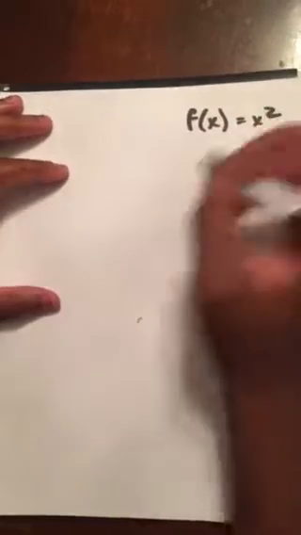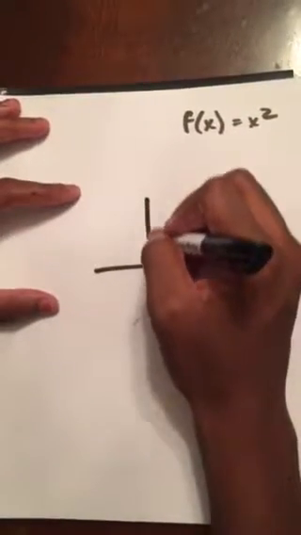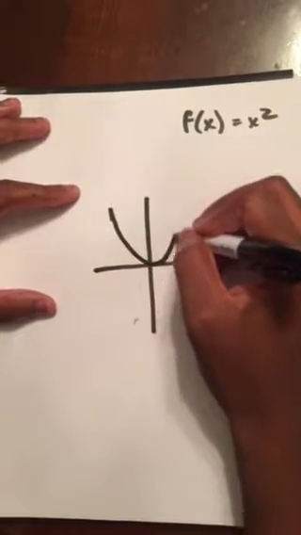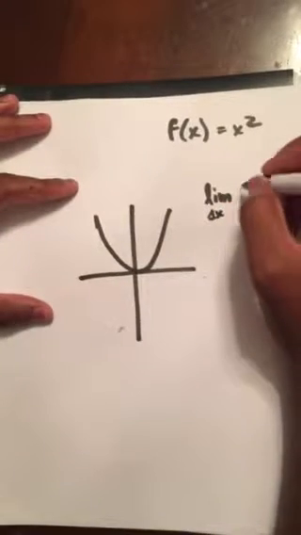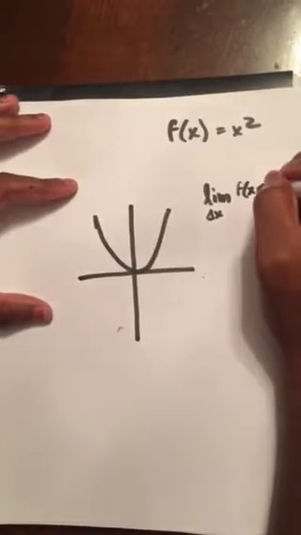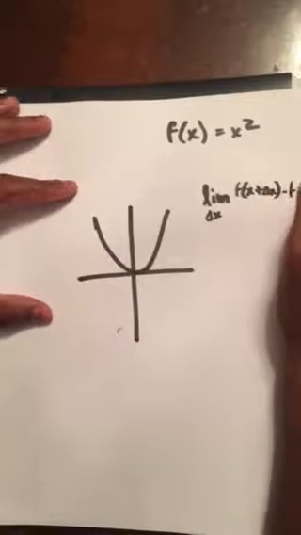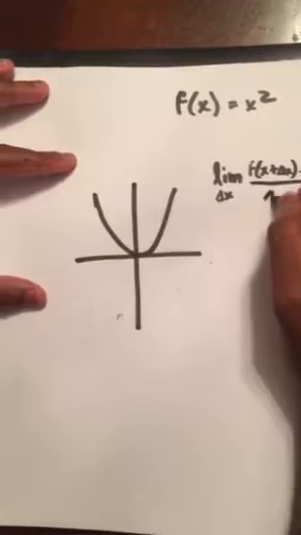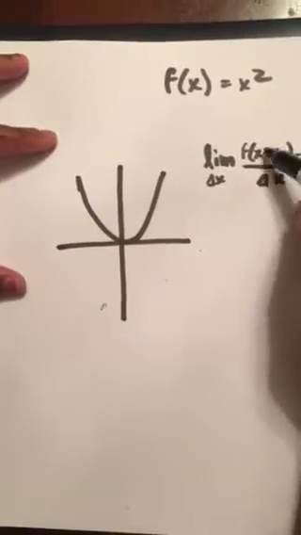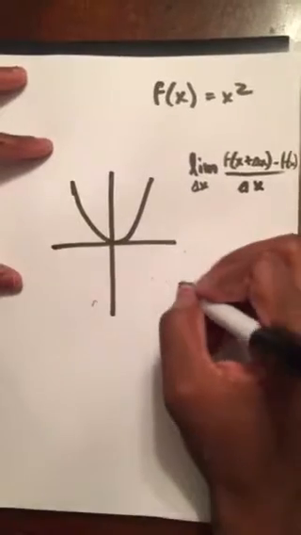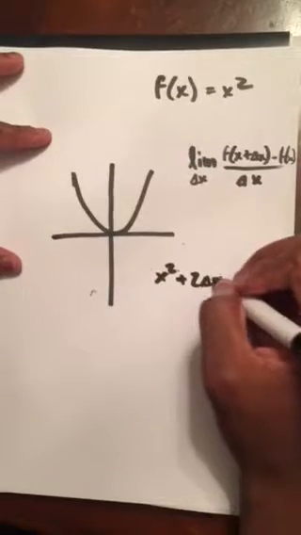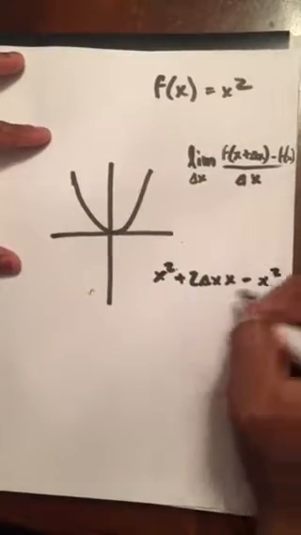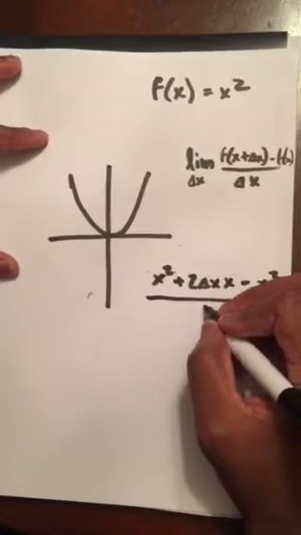We're going to use the function x squared. So that's basically a parabola. Now, using the formal definition that I just presented you with, we're going to plug this into x squared, which will give us x plus delta x squared minus x squared, all divided by delta x.